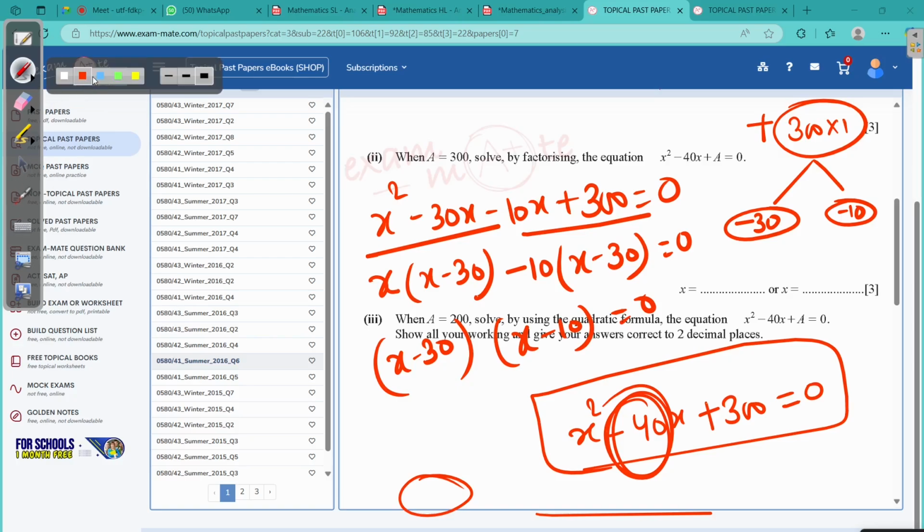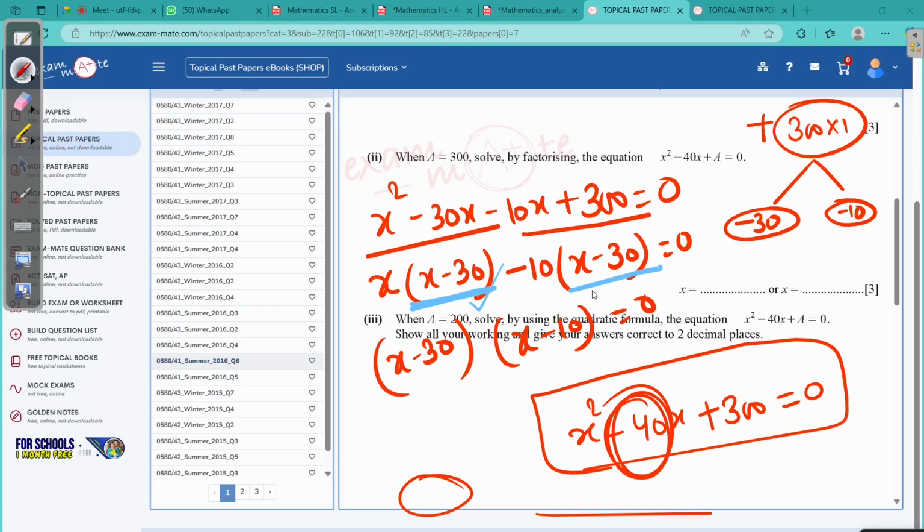How will you think? Anyhow, you have to make this factor repeat in the other one. This x minus 30 factor should be common. So for that, I have taken minus 10 so that the sign gets matched properly. Minus 10, x minus 30.